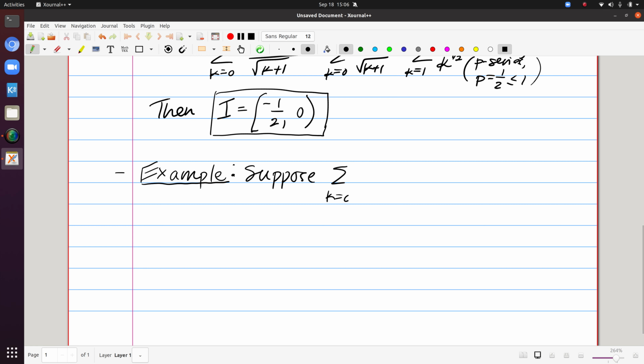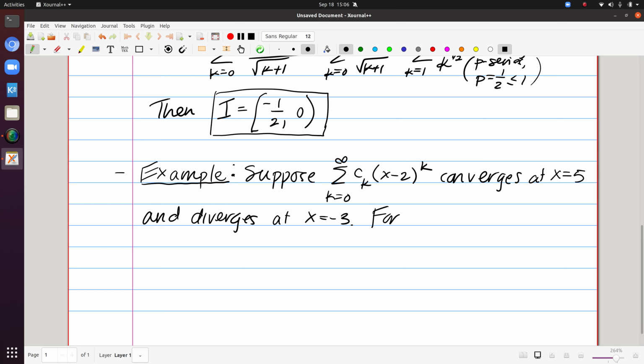And suppose here then that we have some general power series. So we don't know what the coefficients are, but I have a power series with terms c sub k, (x minus 2) to the k. And you're given that this power series converges at x equals 5 and diverges at x equals negative 3.